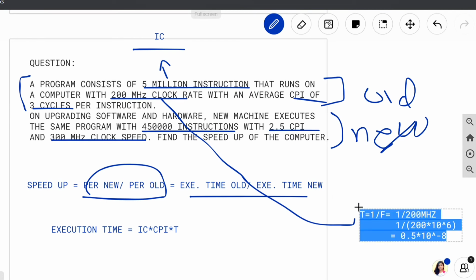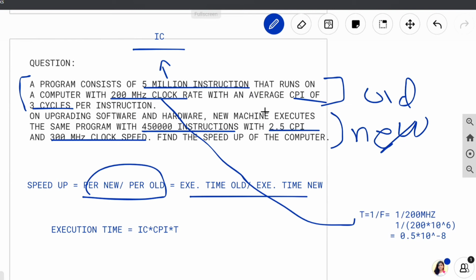And the CPI was 3 cycles per instruction, so we can find the execution time now. Execution time is equal to 5 million, which is 5 into 10 to the power 6, that runs on a computer with 200 megahertz clock speed.